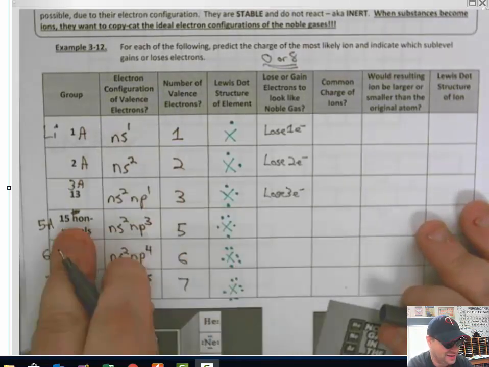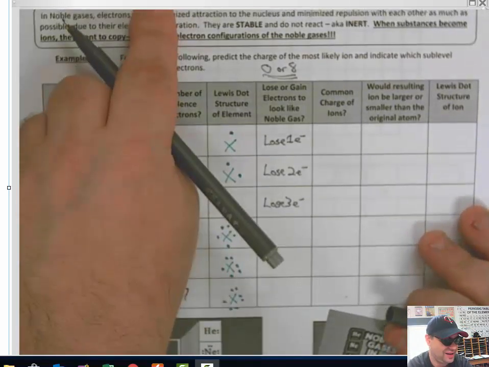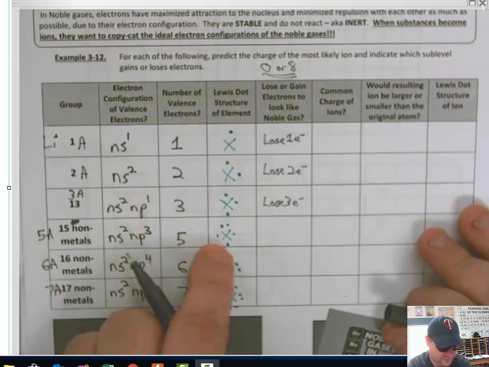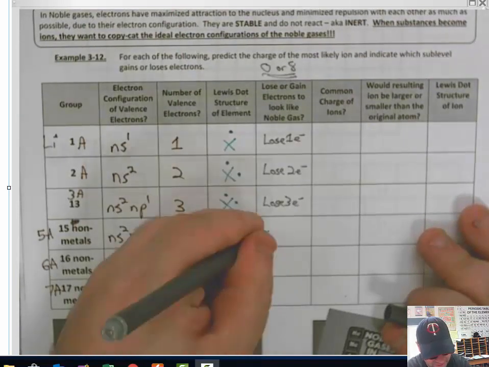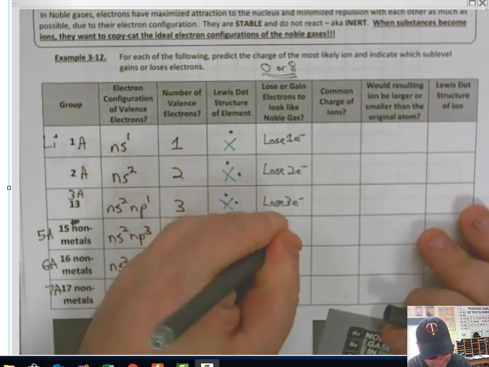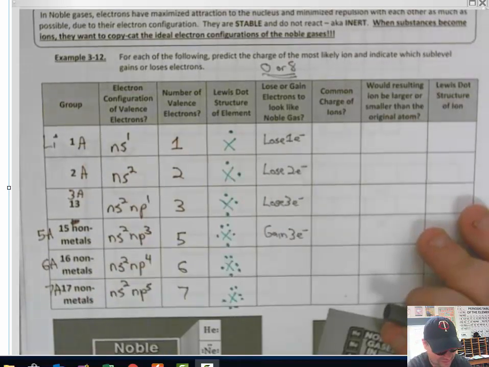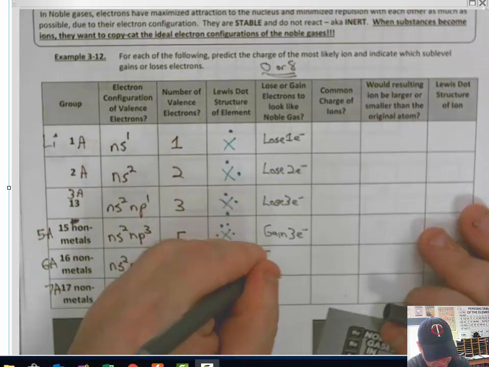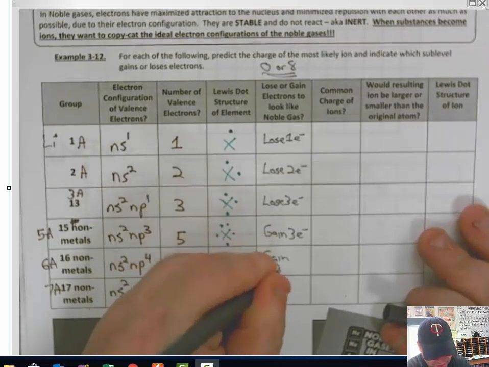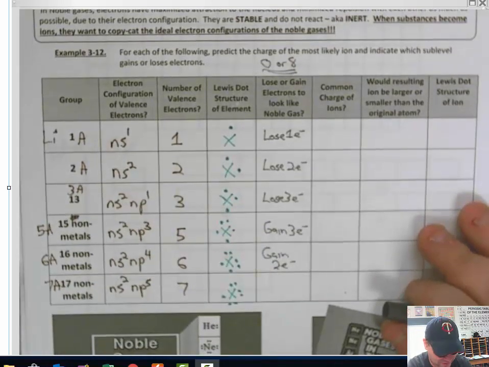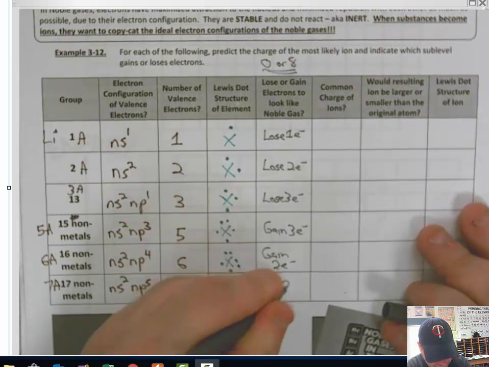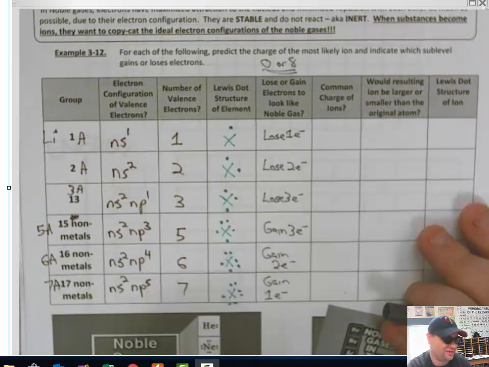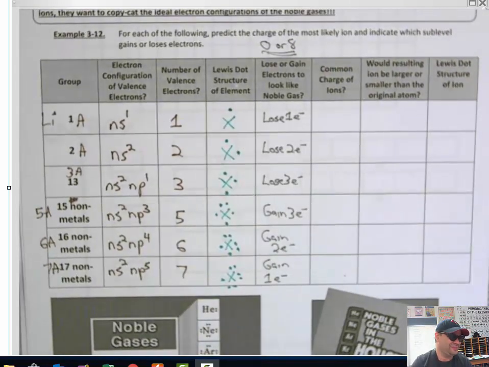Okay? Now we get to the nonmetals. Nonmetals gain electrons here. So to get from 5 to 8, we're going to gain 3 electrons. We're going to gain 2 electrons. And we're going to gain 1 electron. Okay?